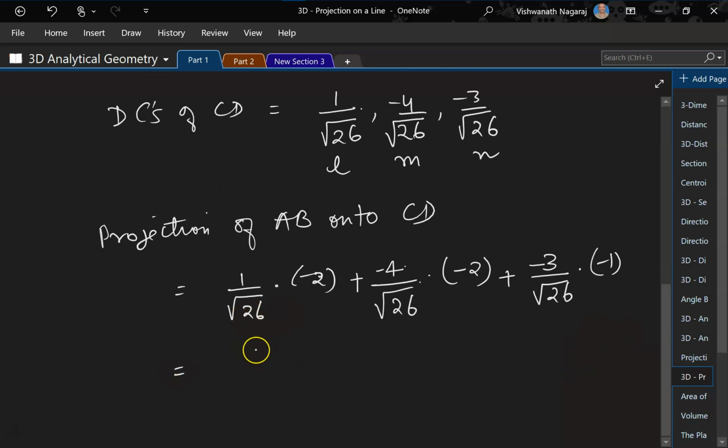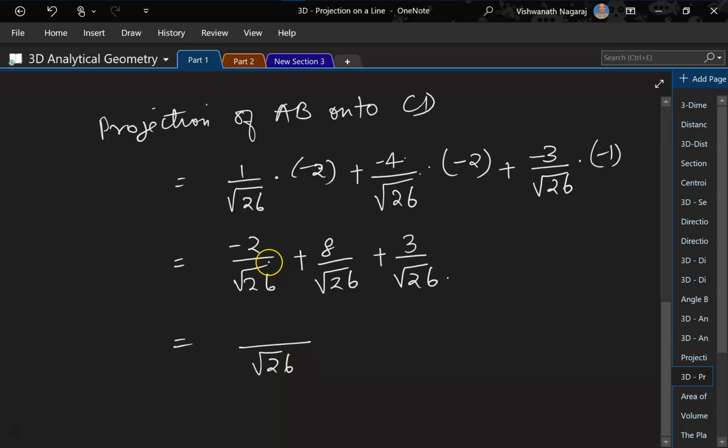Okay, so let's simplify this now. Minus 2 by root 26, plus 8 by root 26, plus 3 by root 26. That is minus 2 plus 8 plus 3, which is 9 by root 26. So that is the projection of AB onto CD.